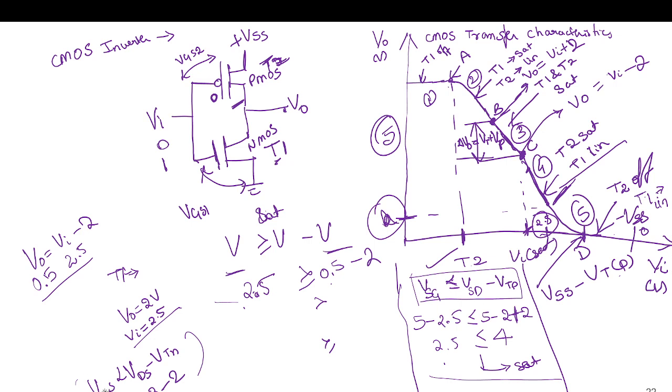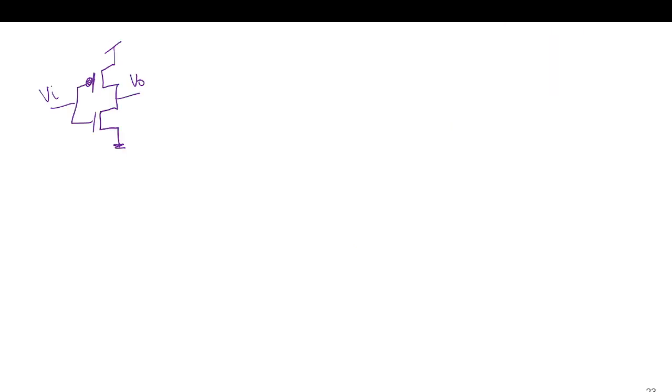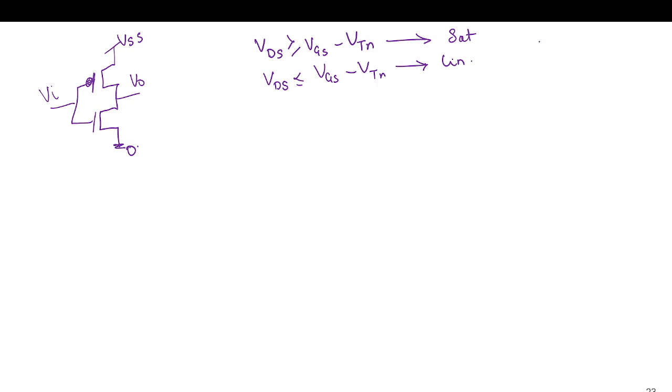Not VGS, it is VDS, VGS minus VT. This is connected to VSS, this is the ground potential. So saturation condition is VDS should be greater than or equal to VGS minus VTN. Sorry, I made a mistake here. This is the saturation, and VDS should be less than or equal to VGS minus VTN for the linear region of operation.